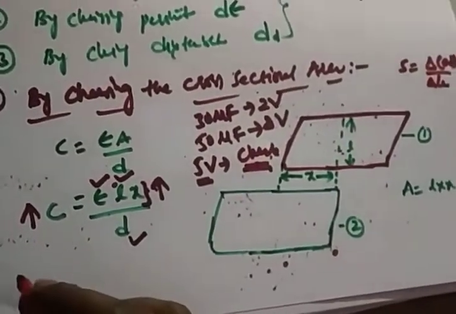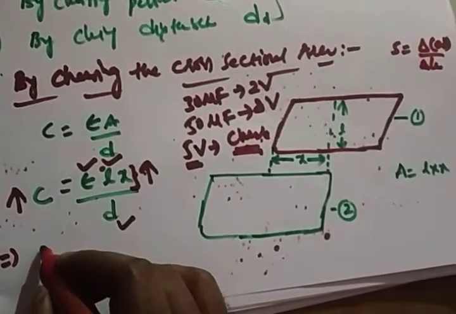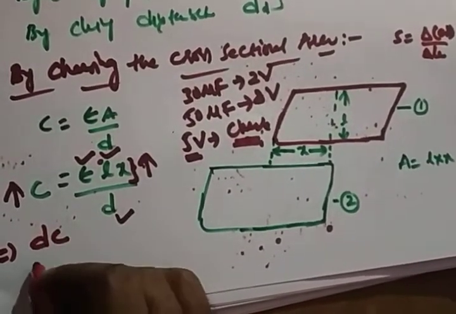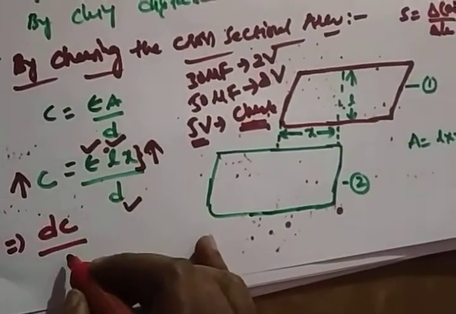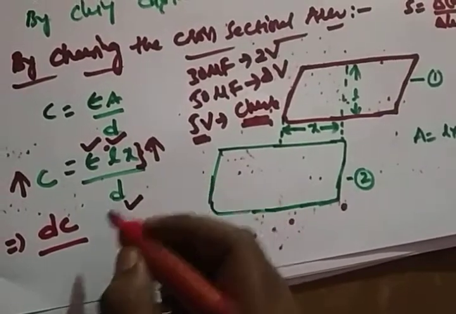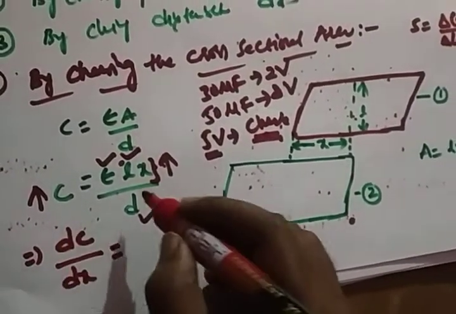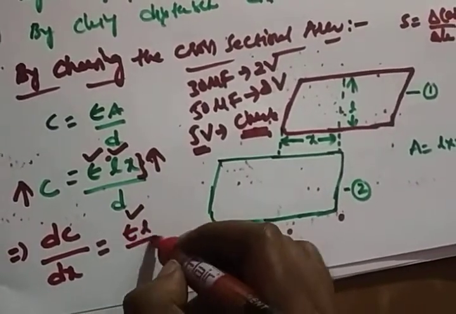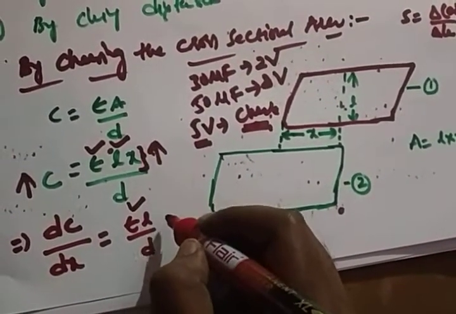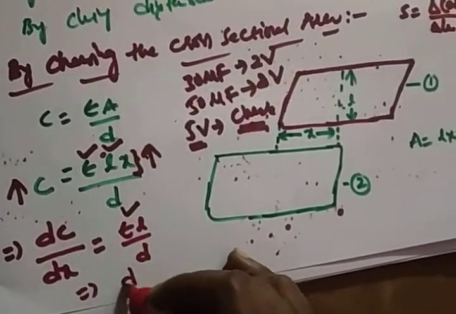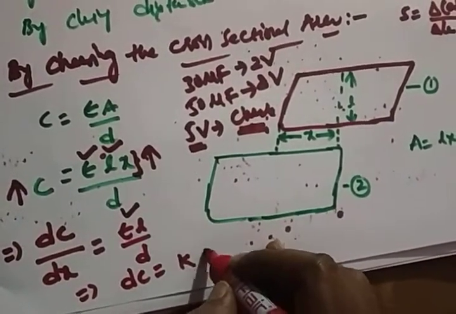So how can you find out the sensitivity? Change in output is dC, and change in input is the displacement dx. So what is dC by dx? It is epsilon L by d, which is a constant. So dC is equal to some constant into dx.